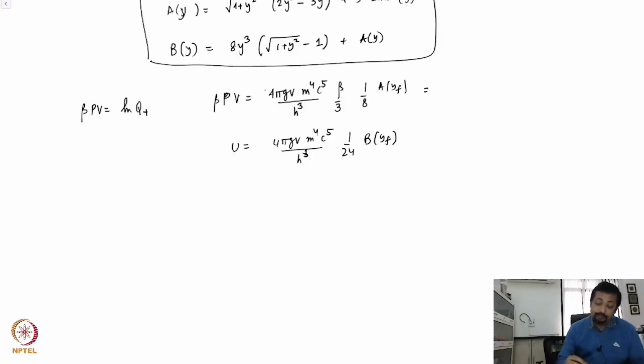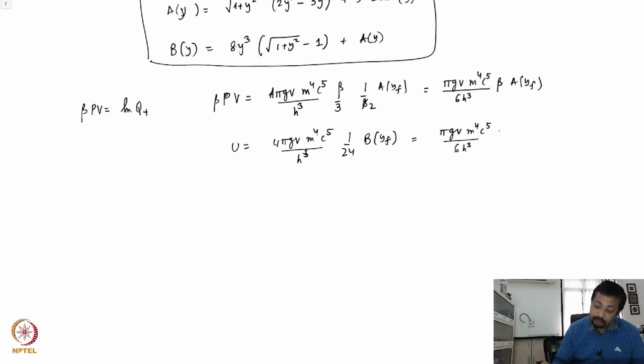This clearly simplifies, the 4 gets cancelled, to give you pi G V M4 C5 divided by 6h cube beta A of YF, and this also gives you pi G V M4 C5 over 6h cube B of YF. So the thermodynamic pressure therefore takes care of the volume factor.